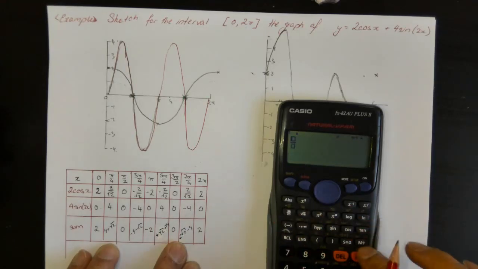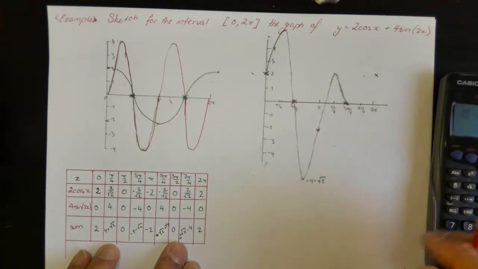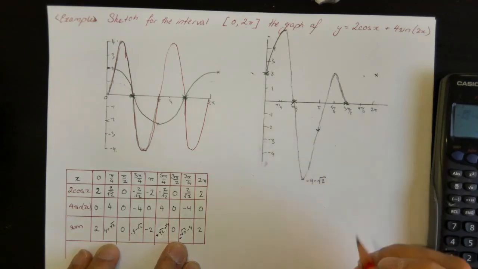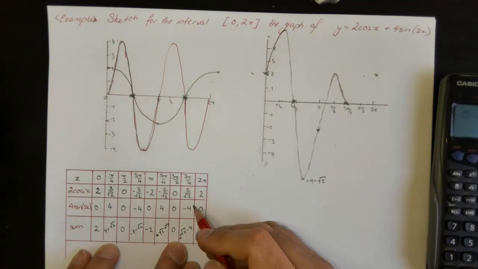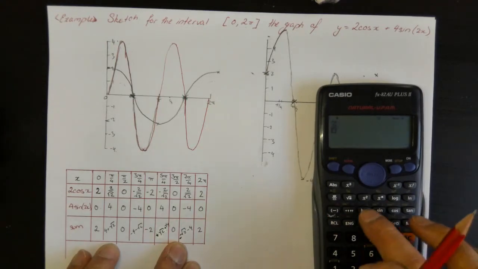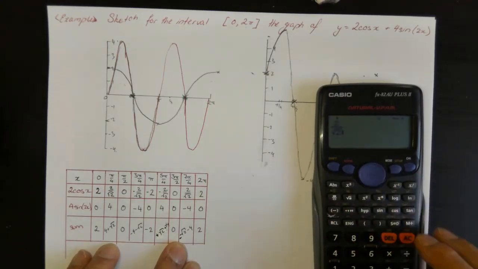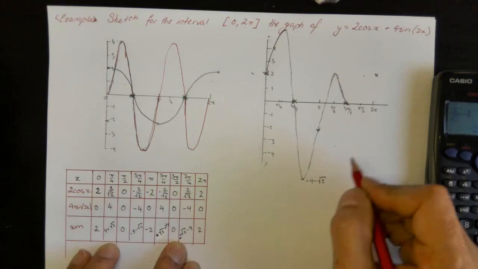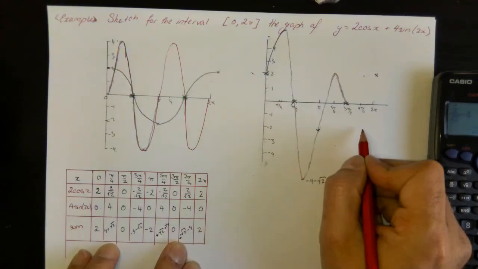Yep, negative 2 square root 2 minus 4 is minus 2.5.